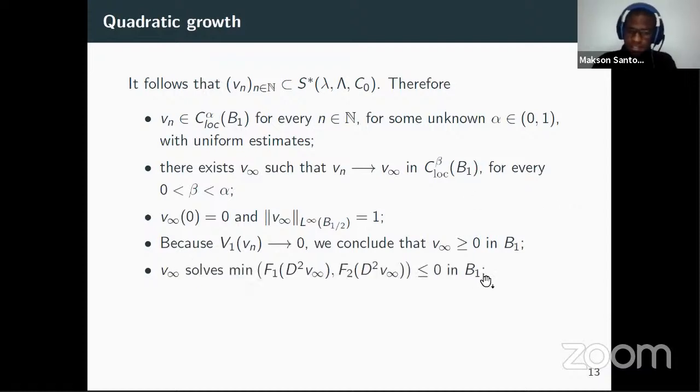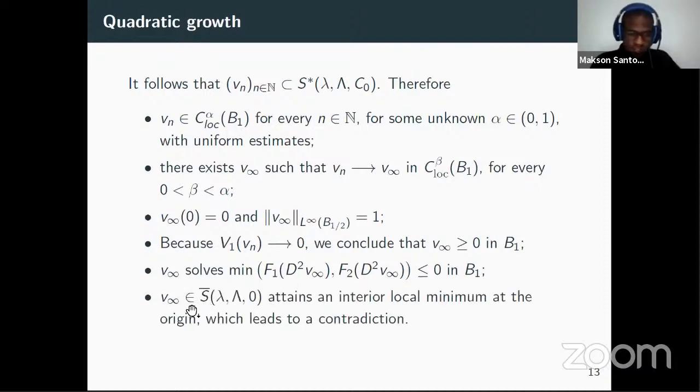Now, by stability, we can see that V infinity satisfies this inequality, and then V infinity belongs to this class of solutions and attains a minimum in the interior, at 0. And for this class of solutions, we can use the maximum principle to get a contradiction with this fact.